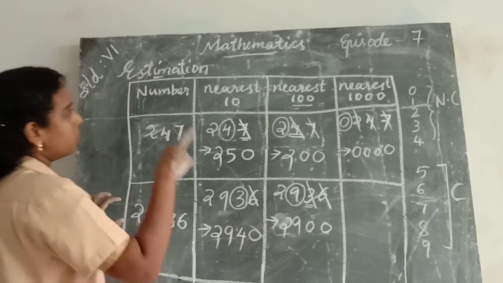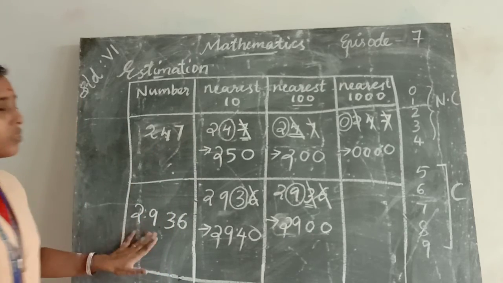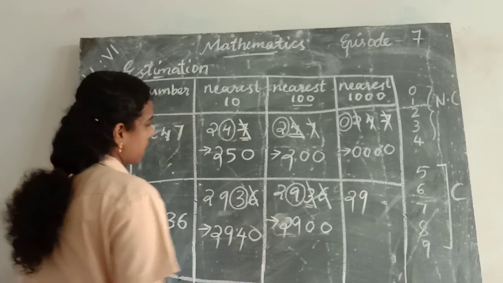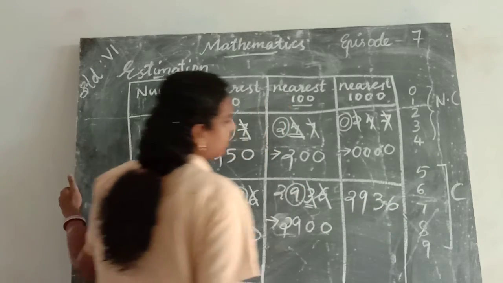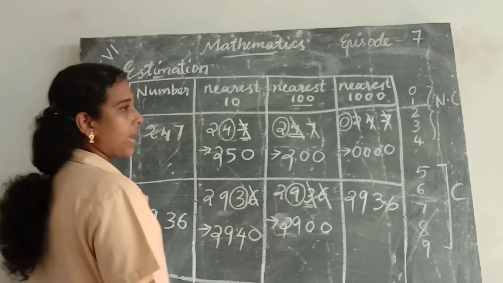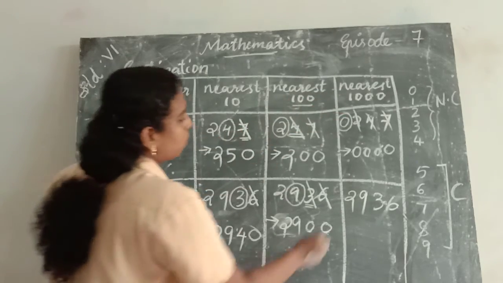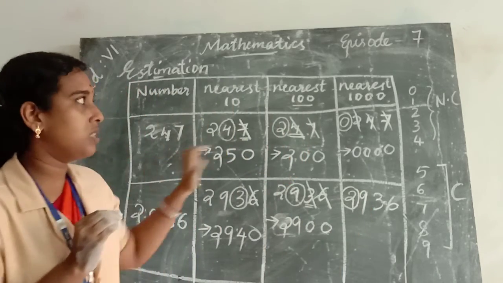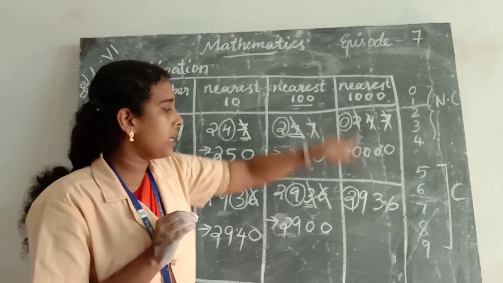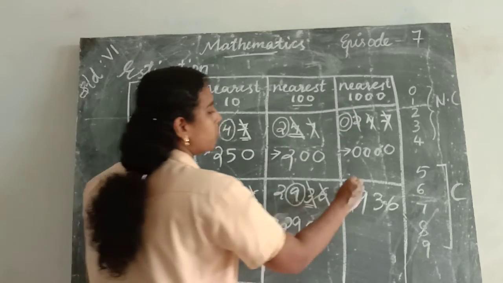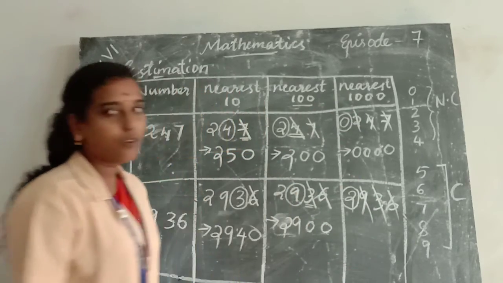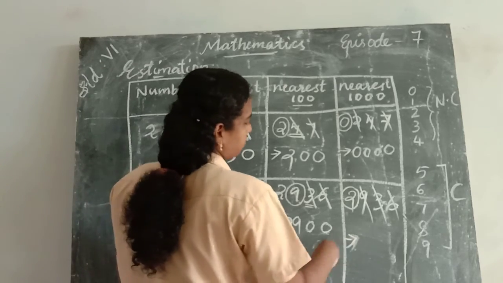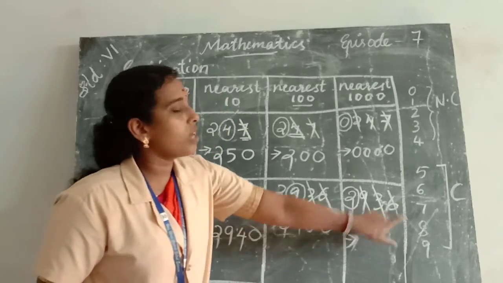And we want to write the nearest 1000 of the same number. For writing that, we write the number 2936. To write the nearest 1000, we round the digit at the thousands position because we estimate to the nearest 1000, and take off the numbers that come before the rounded digit. We put zeros at the off number positions.